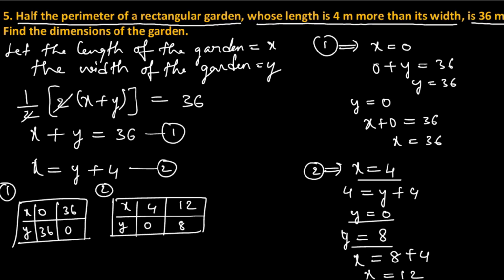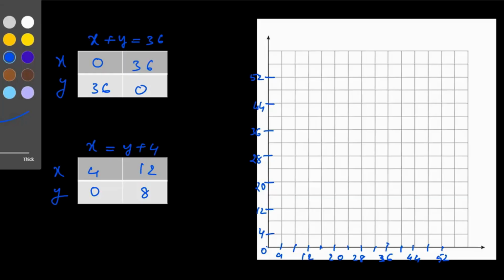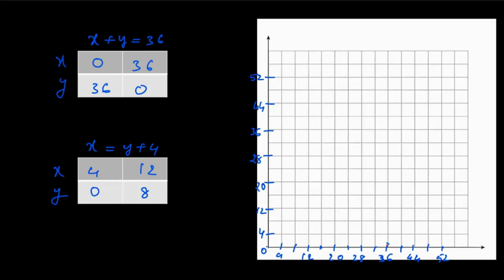Let's draw the graph. Here, 0, 36. This is 0, 0, 36. I will take another color. It will be here, 0, 36. Next, 36, 0. X is 36 and y is equal to 0.